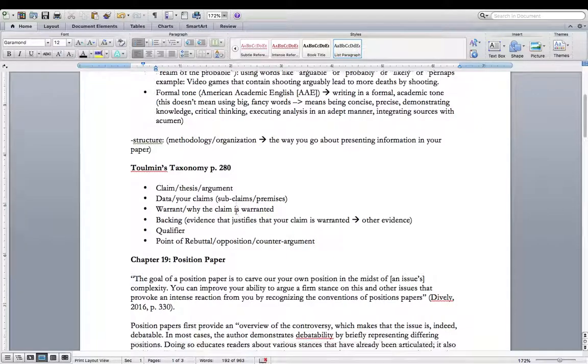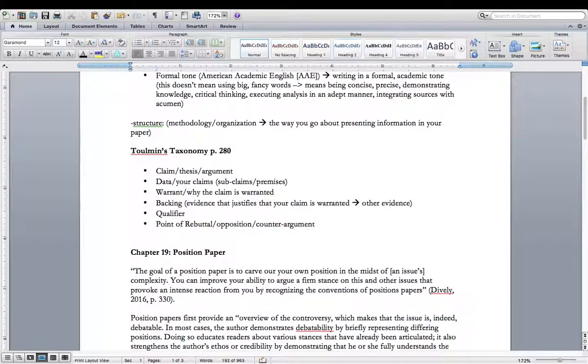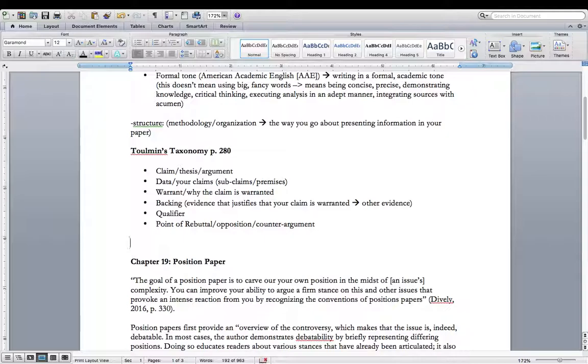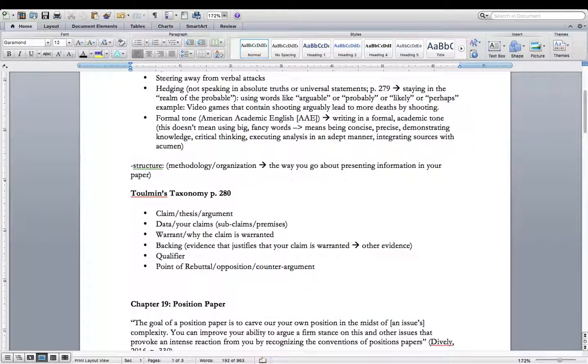Okay, the only other thing, which I'm not going to really talk about, but that our author talks about in chapter 16, are the logical fallacies. I'm not going to talk about them at length because they're kind of self-explanatory once you read them.